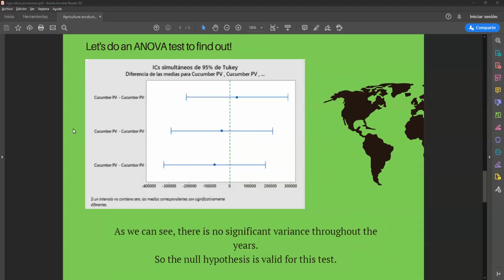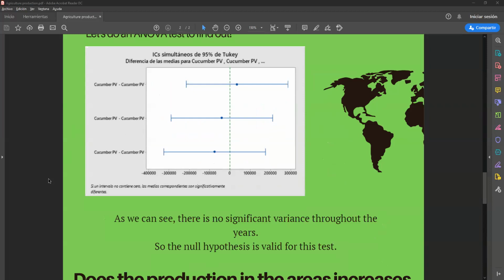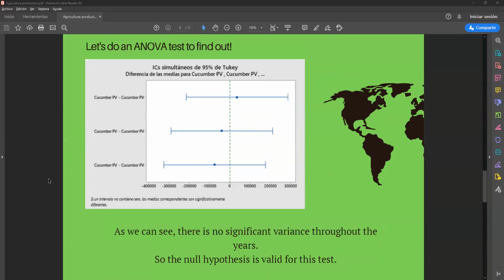We can compare data with a graph in Minitab that shows the variation in 2016, 2017, and 2018. So we conclude that there is no significant variance in our test. So as I said, H0 is valid.